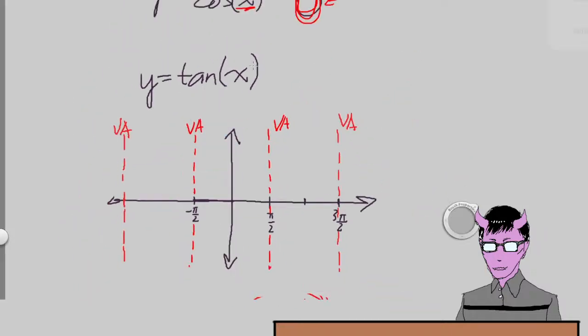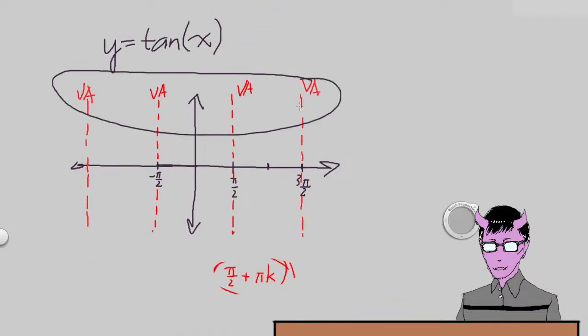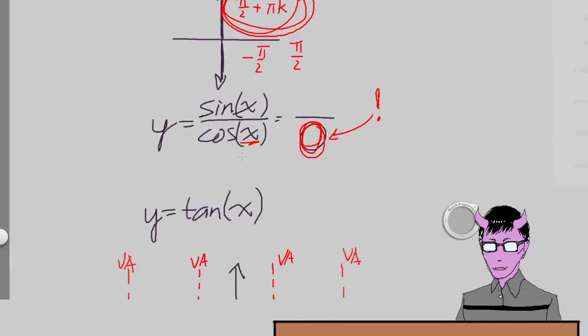But again, we're still trying to graph this tangent function. All we've done is made note that we can make the denominator into 0 because tangent is ultimately a ratio between those two. And because there are zeros, we have to have vertical asymptotes. But let's start actually putting points.